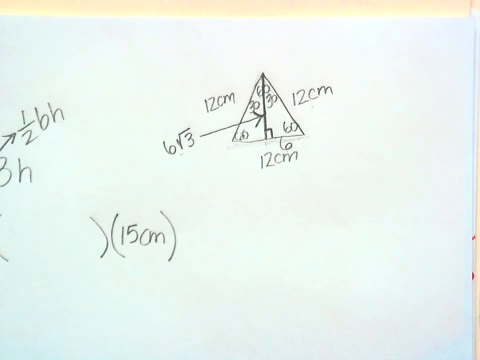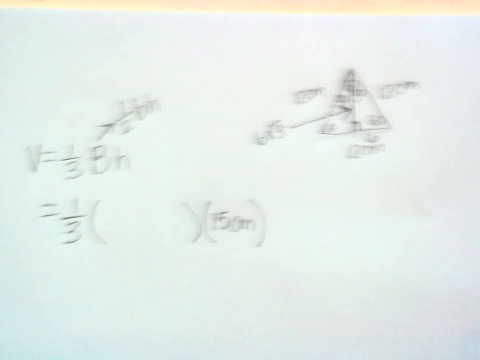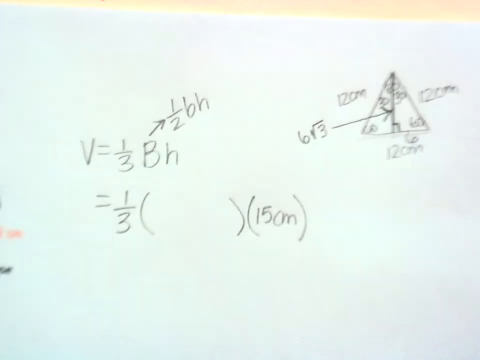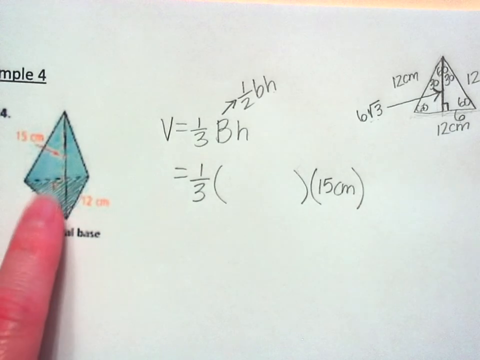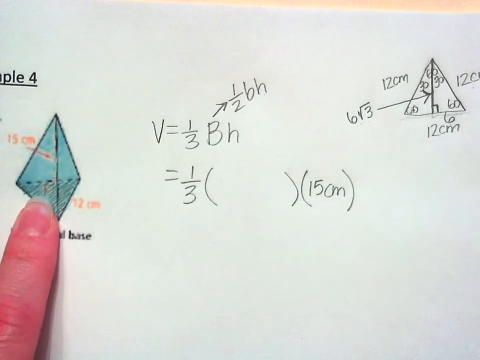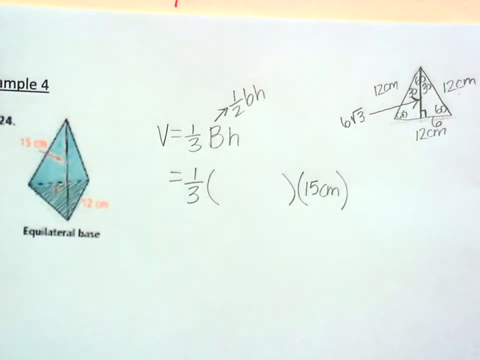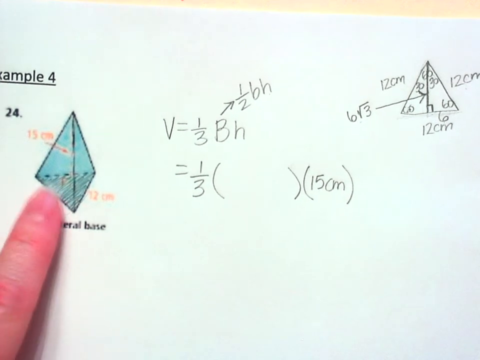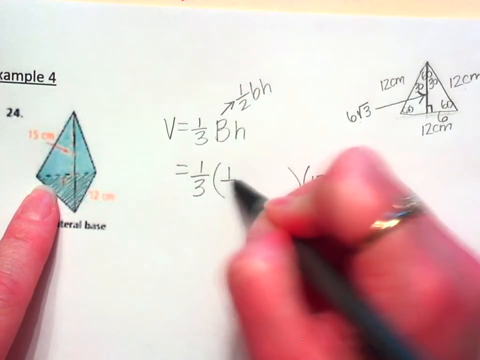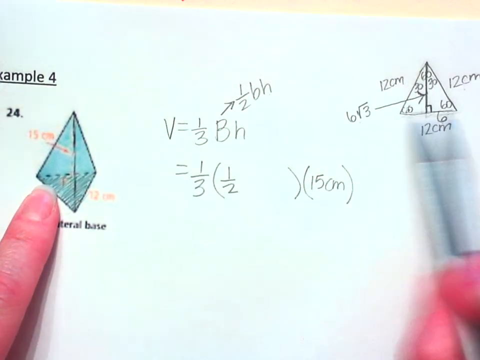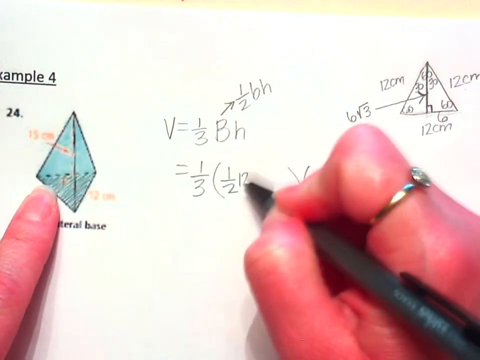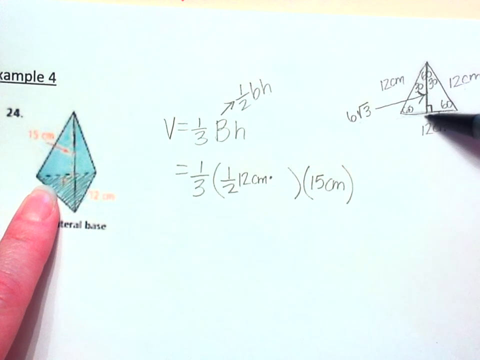So now that I know all of that information, I can find the area of that base. Remember, all I did is I took this shaded base here and I redrew it over here so that I could more easily label it. So the area of that base is 1/2 the base of the triangle times the height of the triangle.